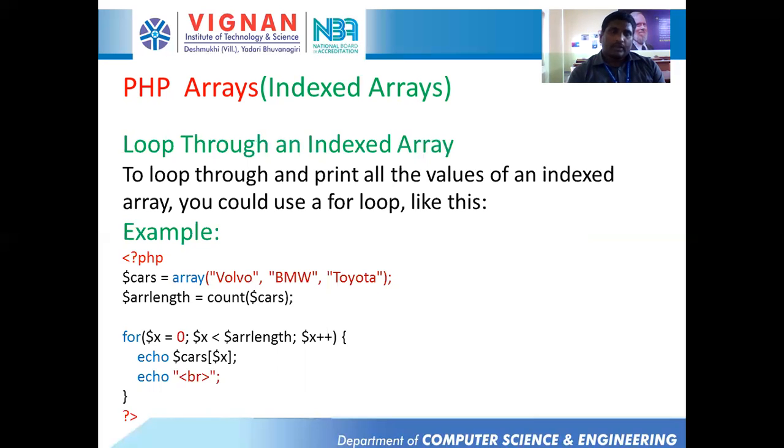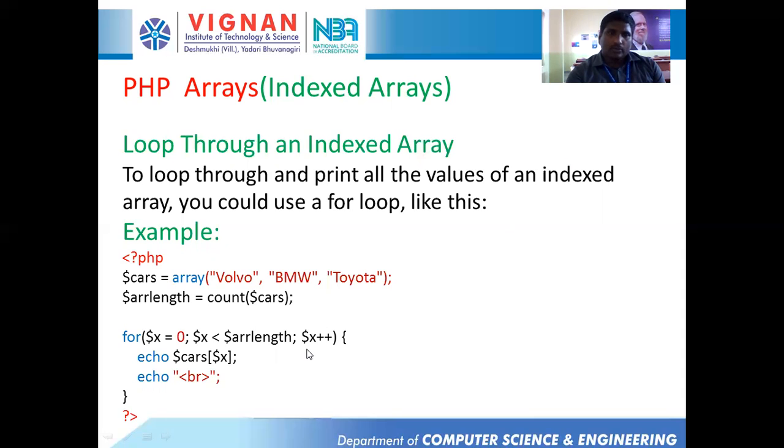After that we run the for loop for $x equal to 0, semicolon, $x less than $arrlength, which we already declared as the count of the array, and $x++. So the for loop starts from 0 and goes up to the array length. Then with echo we print the corresponding indexes, $cars[$x].